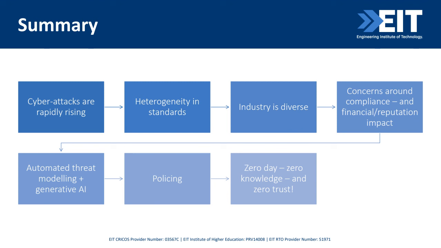And automated threat modeling and generative AI just makes it difficult because the adversary can pull up a threat vector which is zero-day in the sense that it wasn't seen or heard of previously. Lack of policing, and finally, you don't need to have knowledge of how the attacker models the threat to be able to do so.